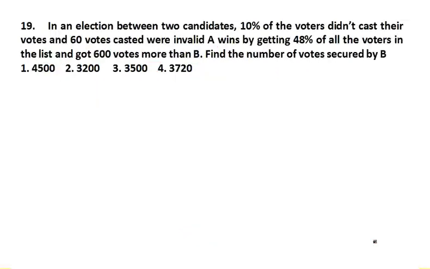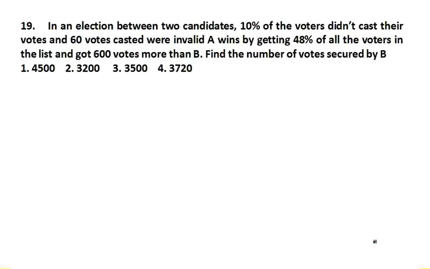Let's move ahead. Question number 19. In an election between two candidates, 10% of the voters did not cast their vote, and 60 votes cast were invalid. A wins by getting 48% of the total voters in the voting list, and got 600 votes more than B. So find the number. This is exactly the same as what we did with the last two questions.